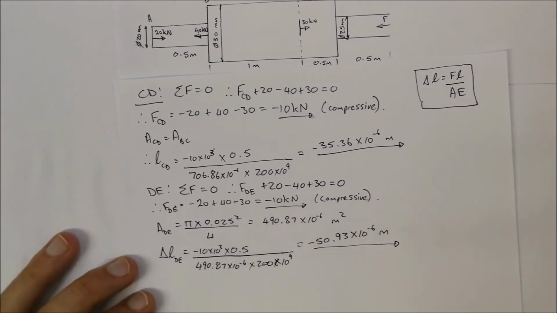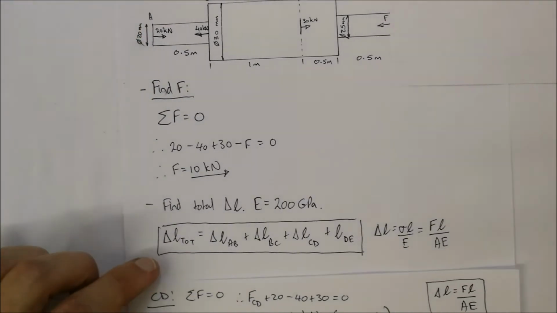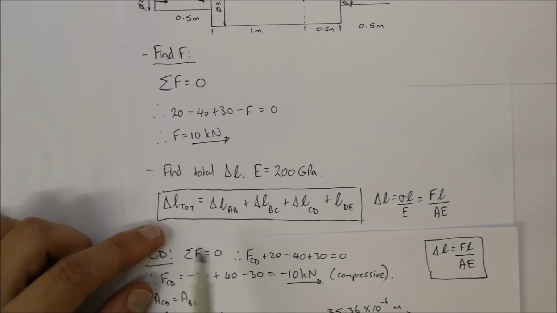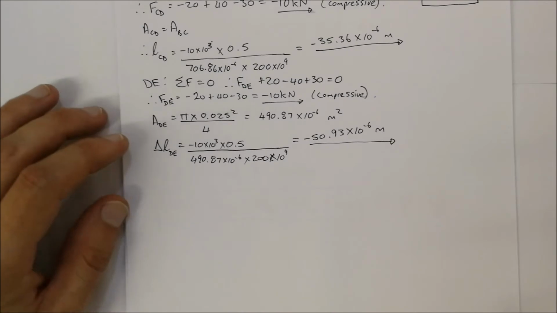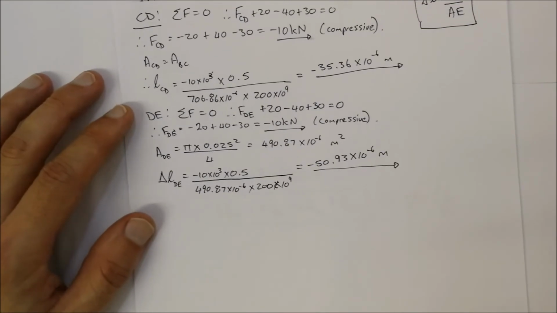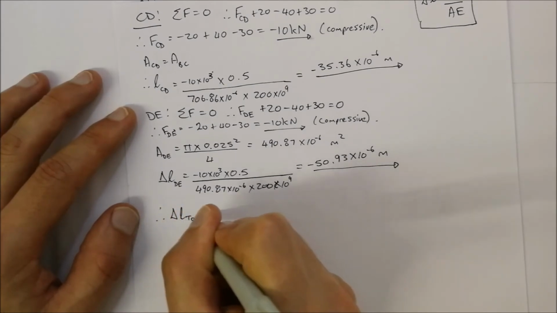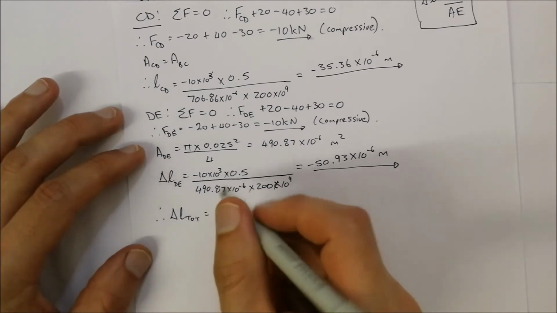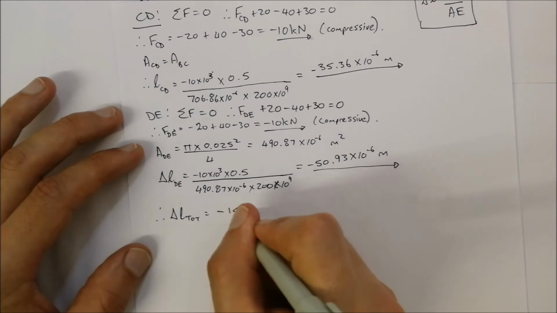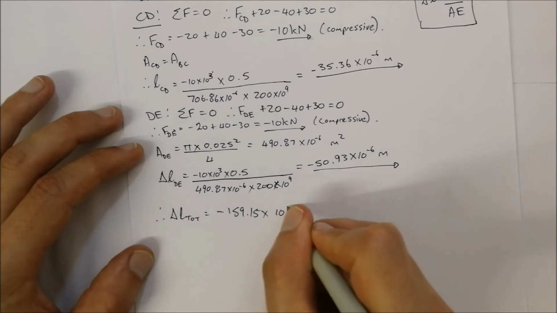Now that we've calculated all of these changes in length, we're going to come back to our equation over here, which is the change in length total is equal to the sum of the changes in length that we've looked at. So delta L total is equal to, the delta L of AB was equal to minus 159.15 times 10 to the minus 6.